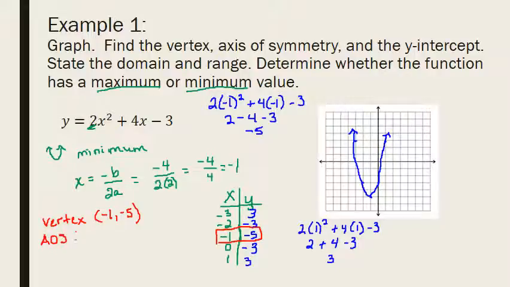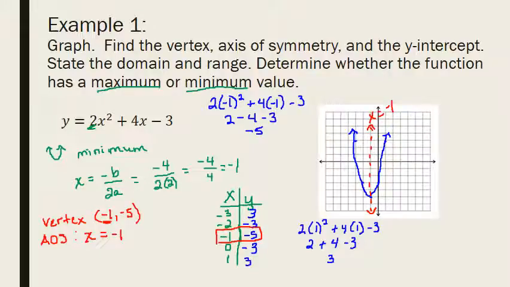The axis of symmetry is always x equals the first number in your vertex, x equals -1. Because what we can do here, and you will be doing this, is draw that axis of symmetry, and notice how it cuts through that parabola at -1. And the equation of that line is x equals -1.